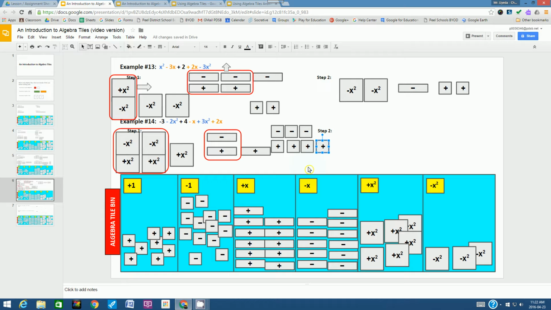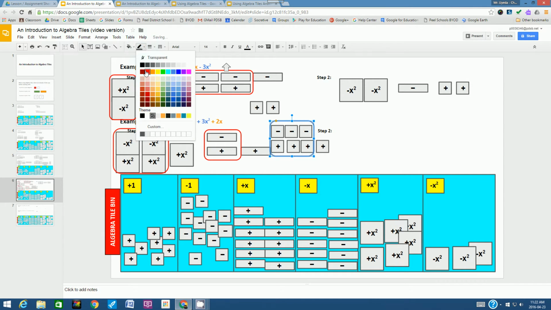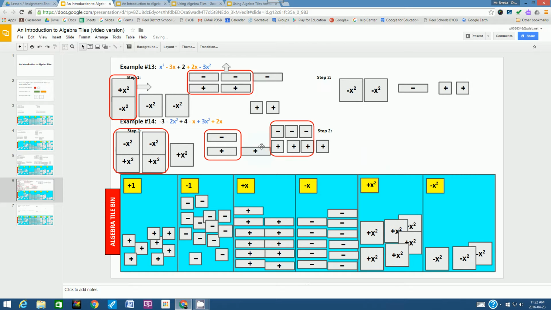And as I build my integers, you should notice that 3 zero models have been created. Okay, so here's my complicated algebraic expression, but it becomes much more simplified when I take away the zero models.